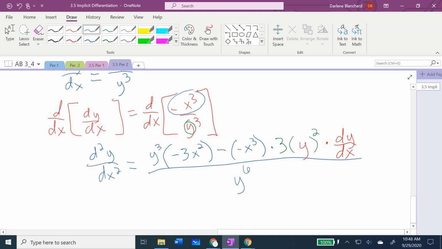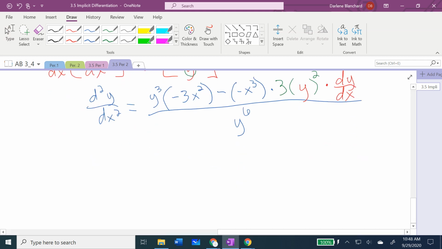But we're not going because you're expected to find the second derivative in terms of just the variables x and y. And I'm going to warn you that your textbook loves to do a ridiculous amount of simplification. You might be surprised how much. And I'll leave it there and let it be your enjoyment when you get there.